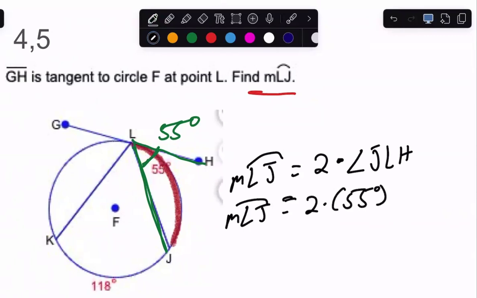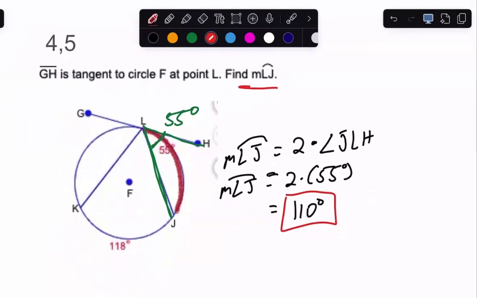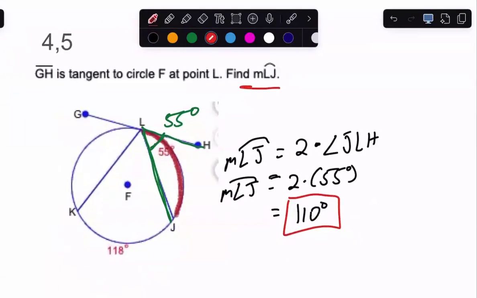So 55 degrees times 2 means it's going to be 110 degrees. And that's my answer. So that's 4 and 5. Does anyone have any questions? So really straightforward.